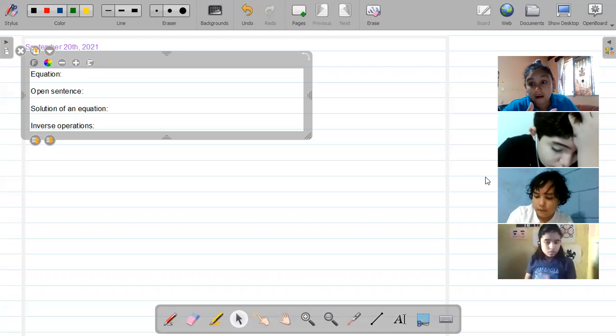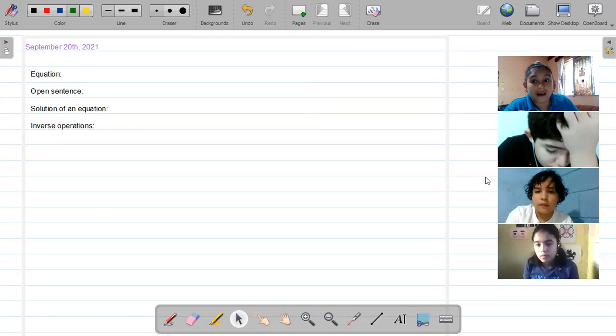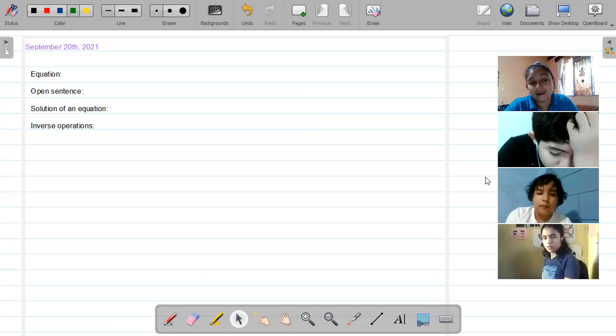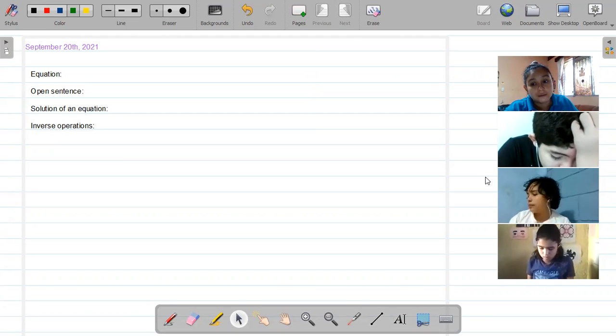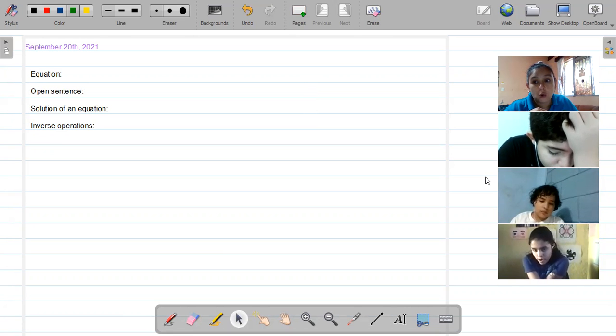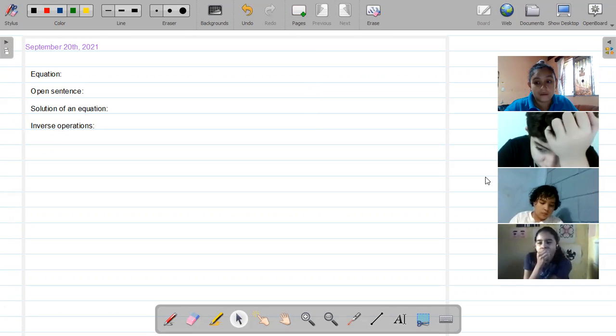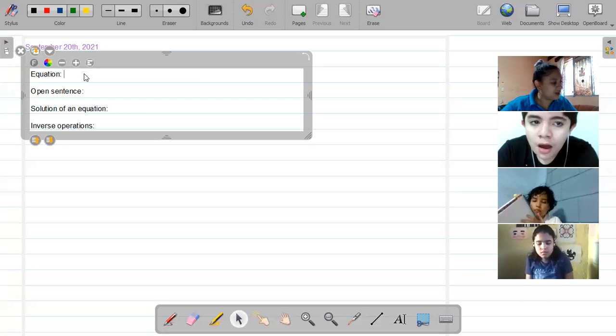We saw already variable expressions, and variable expressions didn't have what an equation has. There's one little thing that the equation has that a variable expression does not. The word equation comes from the word equal, okay? From equal.